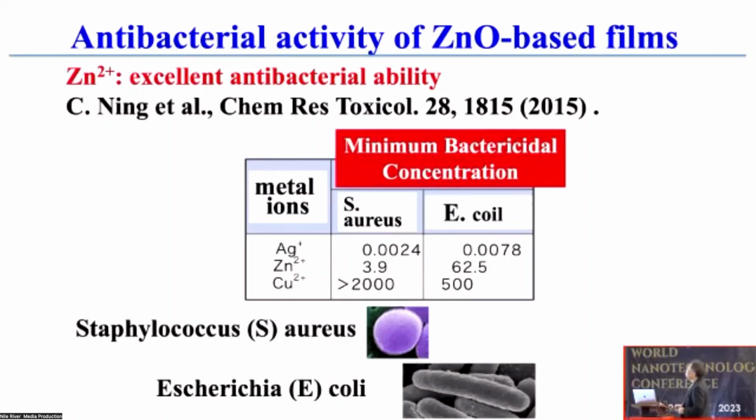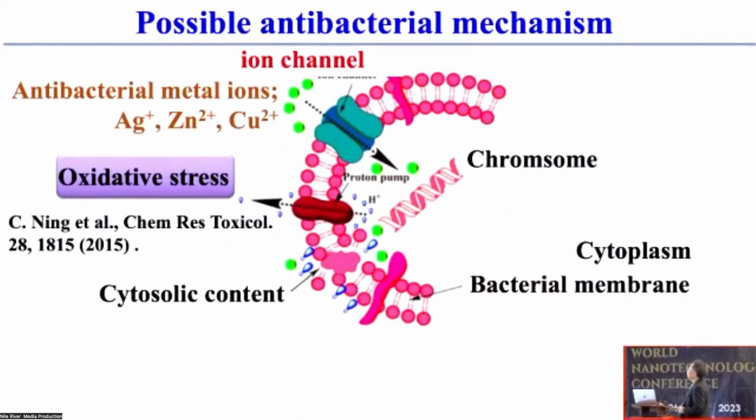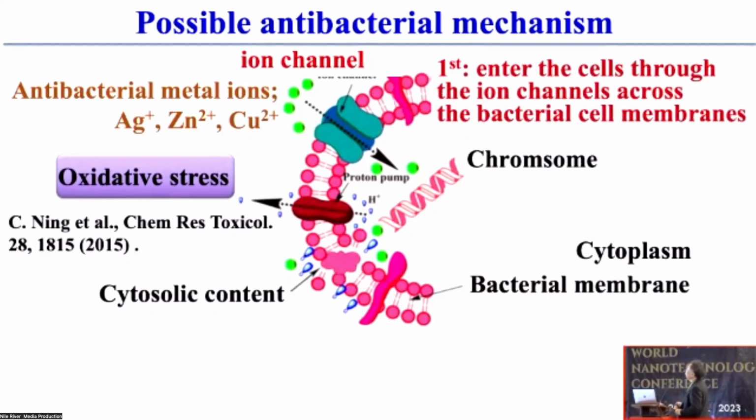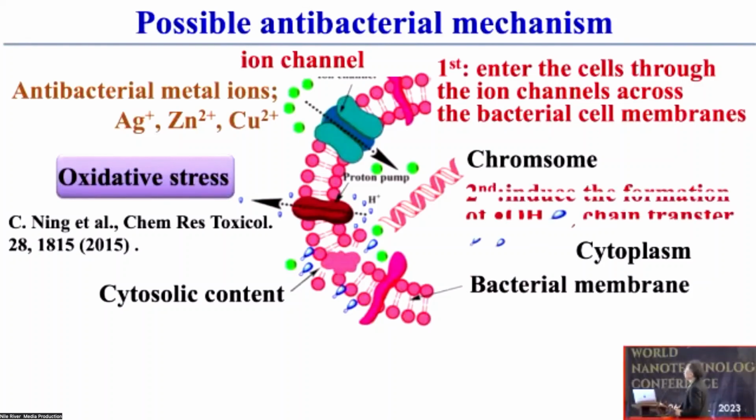This table shows Staphylococcus aureus and Escherichia coli. And I'd like to first propose the possible antibacterial mechanisms. First is to enter the cells through the ion channels created across the bacterial cell membranes. Second is to induce the formation of hydroxyl radical chain transfer.